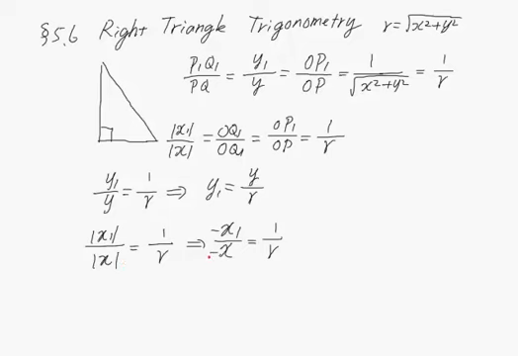You cancel the two negative signs, then you get x1 over x equal to 1 over r. So this just implies x1 over x equal to 1 over r. Then we multiply both sides by x. We get x1 equal to x over r.